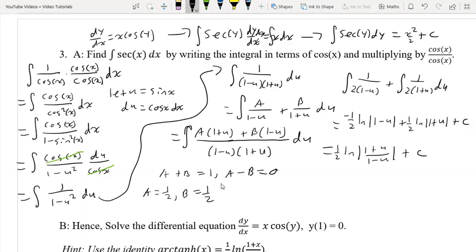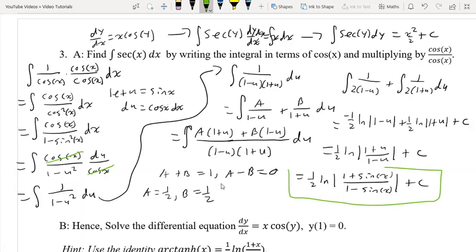And the final step is just to return this u back in terms of x. And we know that u equals sine x, so we're going to be left with 1/2 ln of 1 plus sine x over top of 1 minus sine x plus c. So this down here is the solution to the integral of secant x.